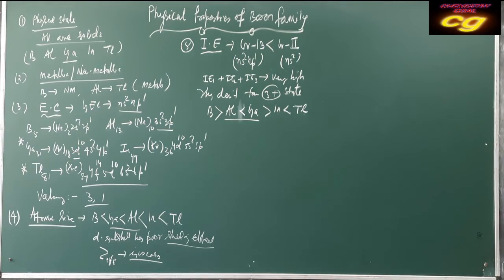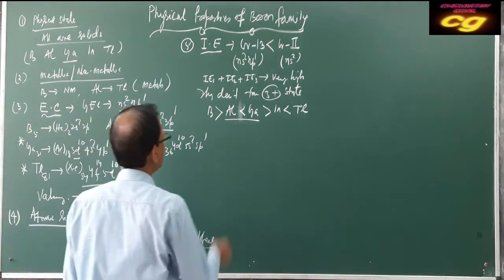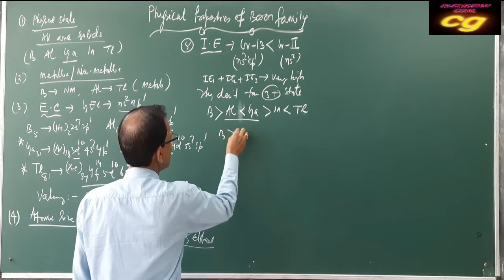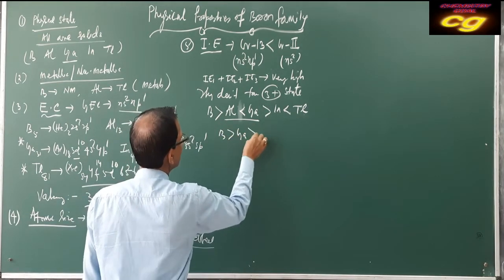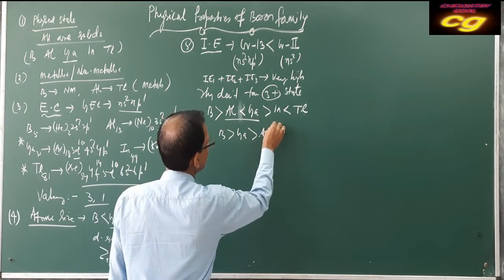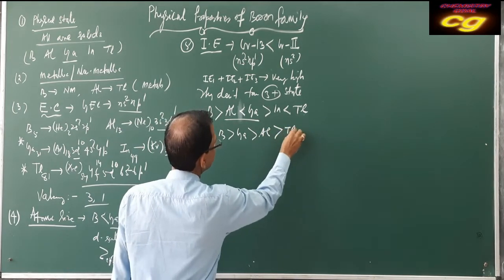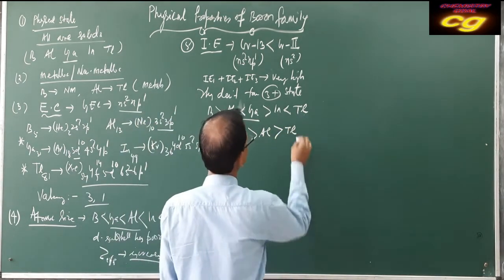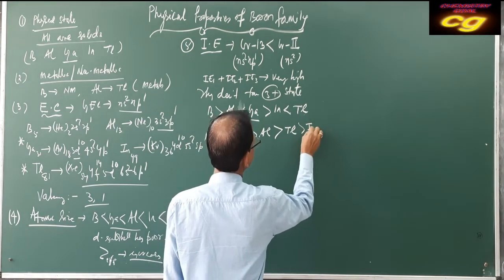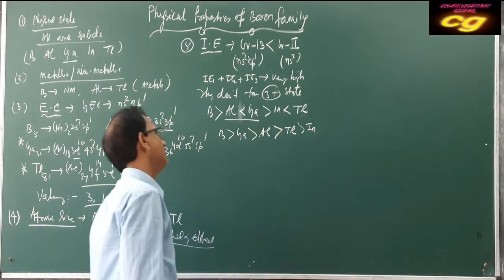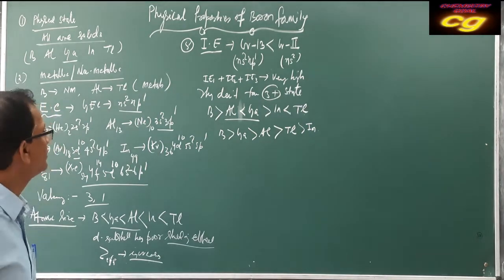If you write the regular order: boron greater than gallium, greater than aluminum, greater than thallium, greater than indium. This is about ionization energy.